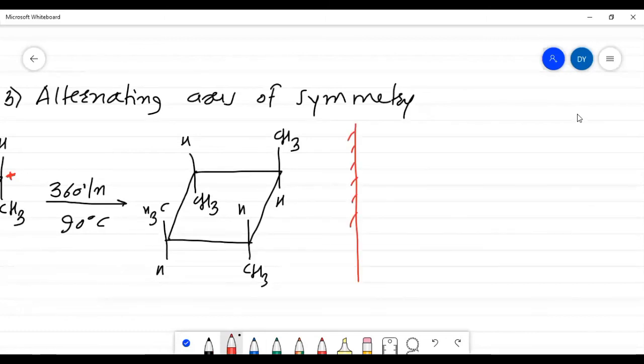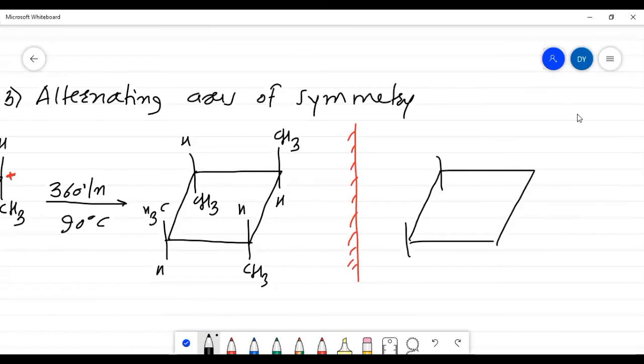So we have to take the mirror image of this. After getting the mirror image, the mirror image we get here is this one.